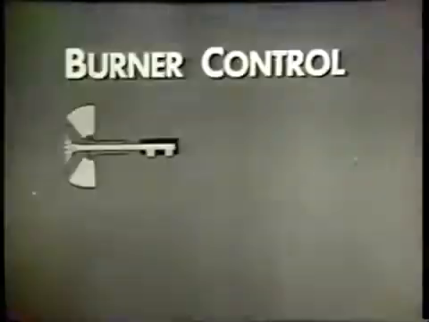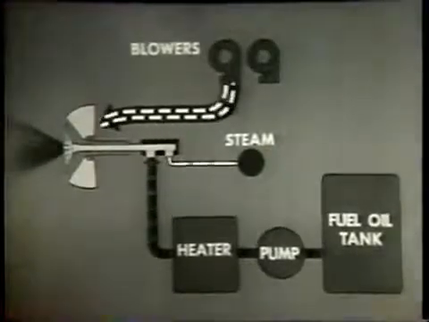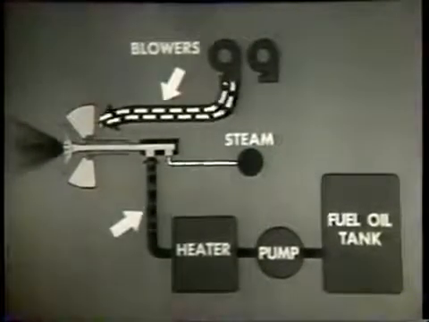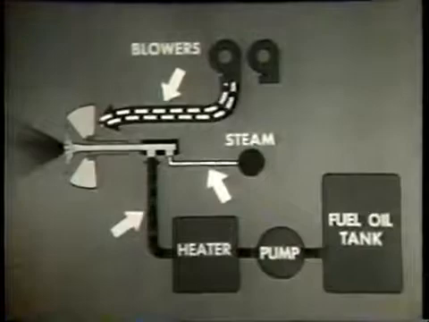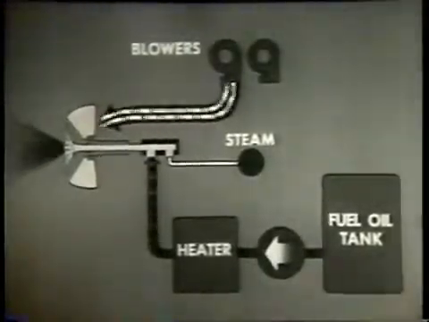Meantime, the air from the forced draft blowers is entering the register and mixing with the oil spray. Control of the burner involves regulating the air, oil, and steam supply. Regulate oil pressure to regulate the quantity of oil.